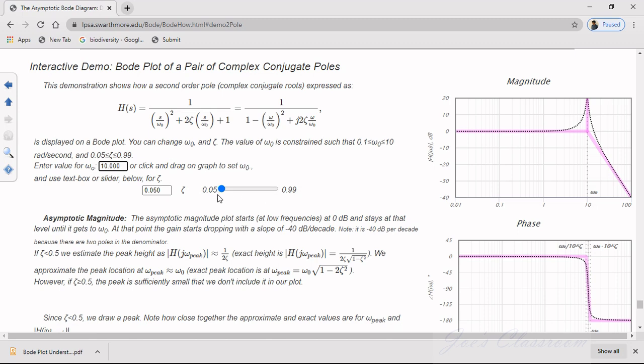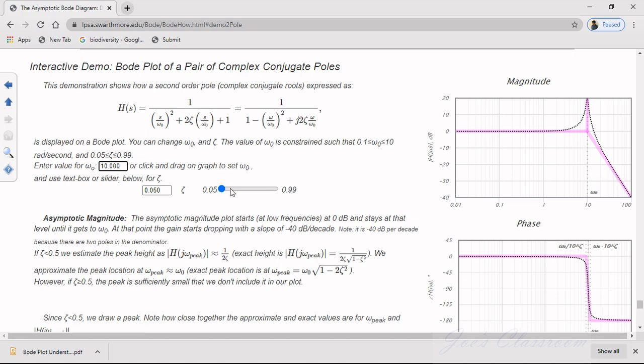Initially the value is 0.05, and I can vary this theta value by sliding the bar. In this plot, the black dotted line represents the exact plot and the colored line in a light shade represents the asymptotic plot. The same is valid for the phase plot also.